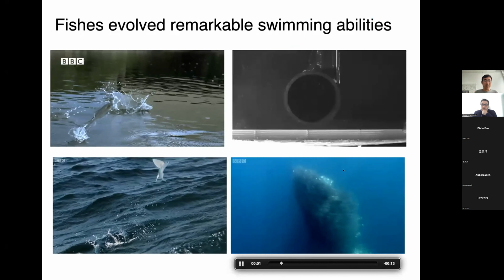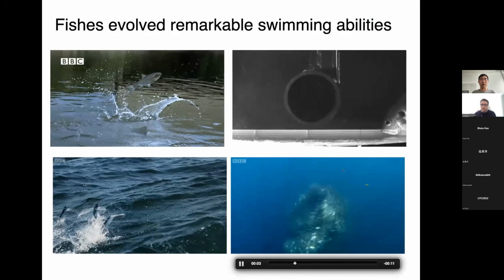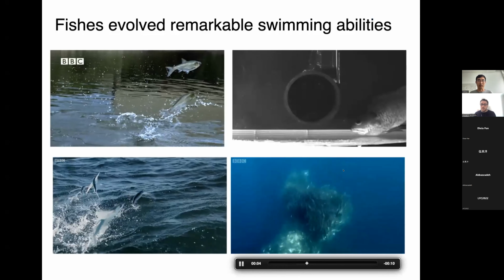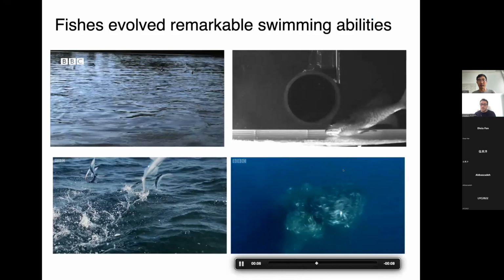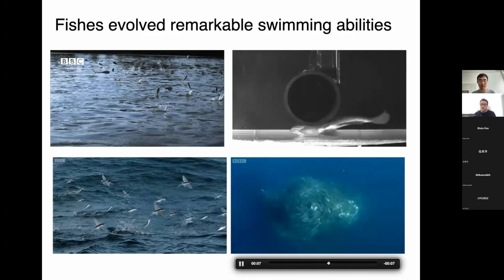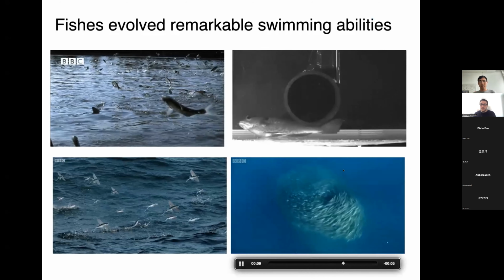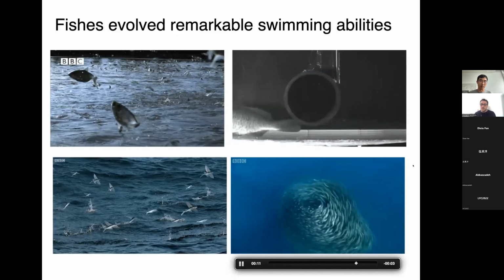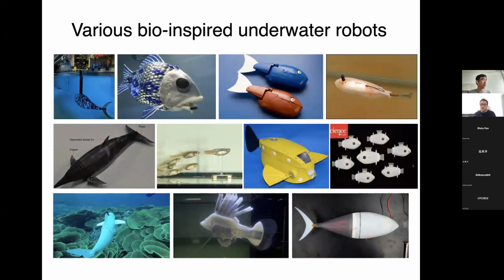After 500 million years of evolution, fish already evolved with remarkable swimming abilities under very complex three-dimensional underwater environments. These amazing swim abilities are always inspiring engineers to build different types of underwater robots. And they have built different prototypes for different purposes, but they have one thing in common.